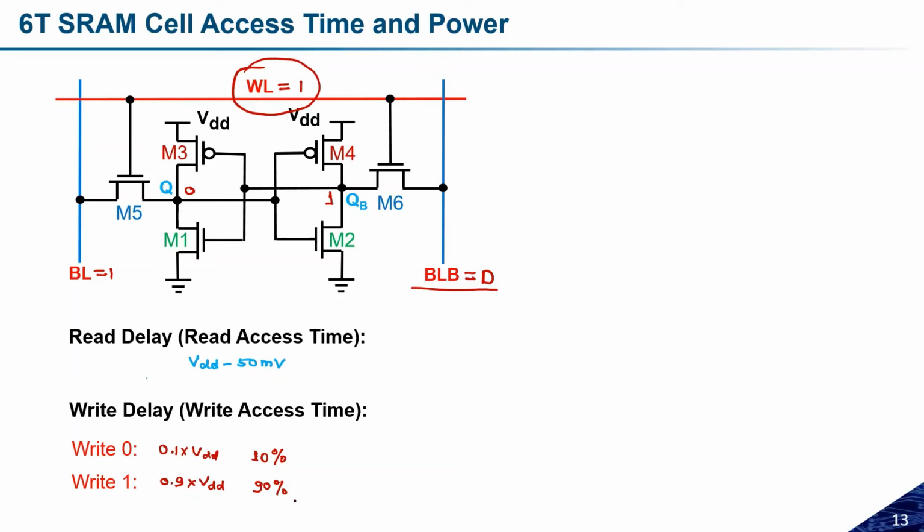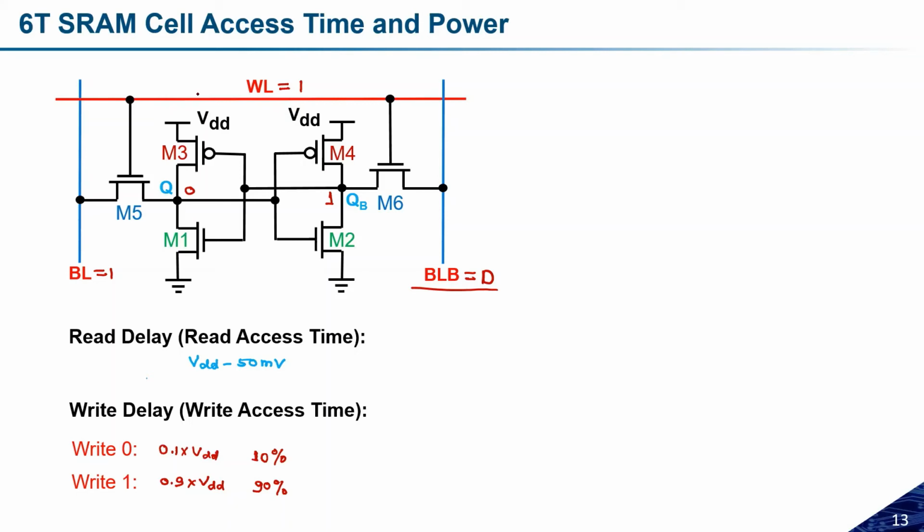Is there any doubt on the delay part or on how we can calculate the access time? One thing you should remember at this point is, first you have to initiate the bit lines, then the word line, because you need to precharge the bit line capacitors.